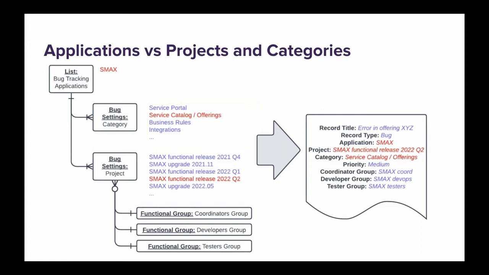Every project also defines the related functional groups for coordinators, developers, and testers. I will describe these three roles and groups on the picture with the workflow, where it will provide more information and why we configure just these three, because it also comes from the requirement or the behavior of the customer environment.